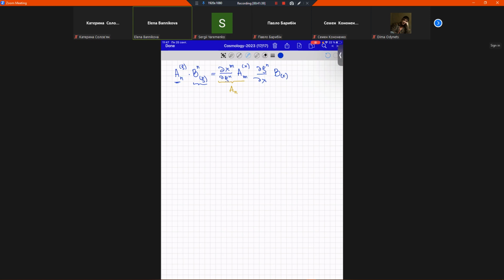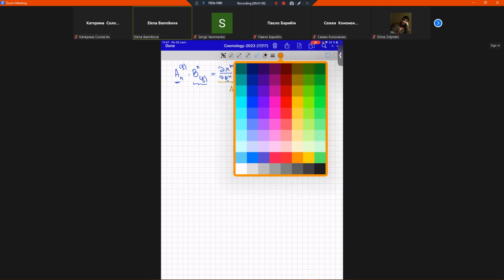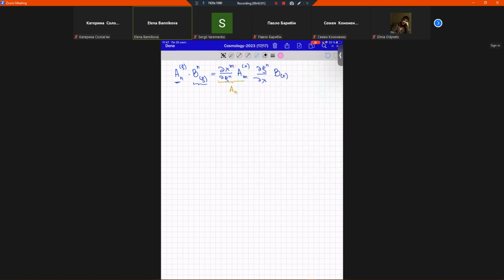I need to understand that here the m is a summation index. It doesn't matter. Instead of m, I can put any index, k. What is important is that we repeat the same index here and here.